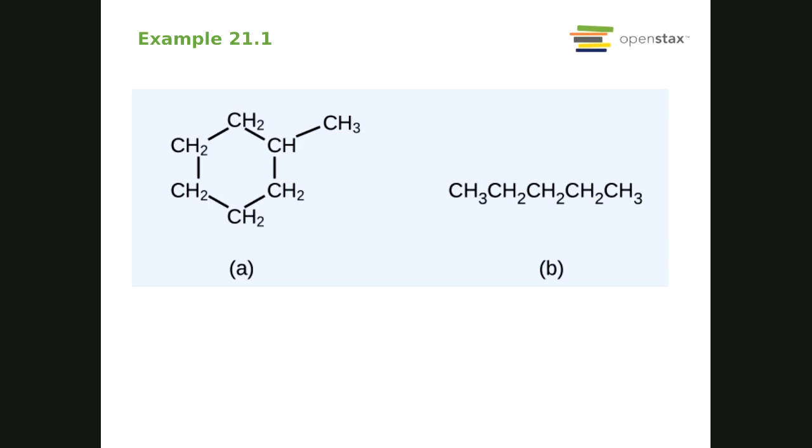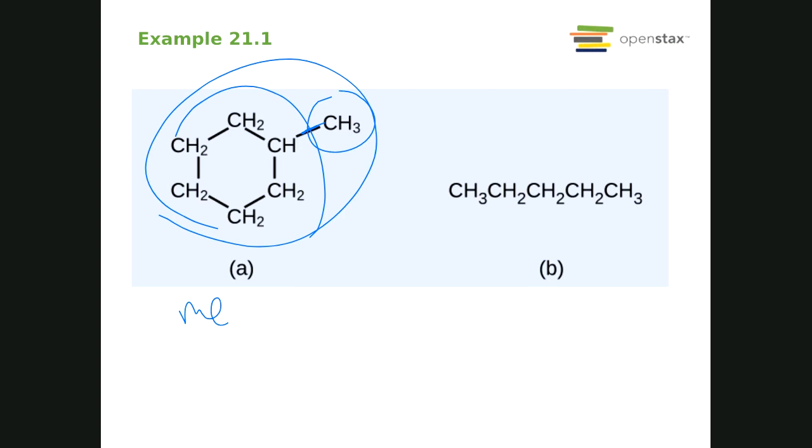Cyclic system: this is like a branch, the methyl group is coming from methane. Methane is going to change to methyl, and that is attached to cyclohexane, so it's going to be a methyl group attached to cyclohexane.